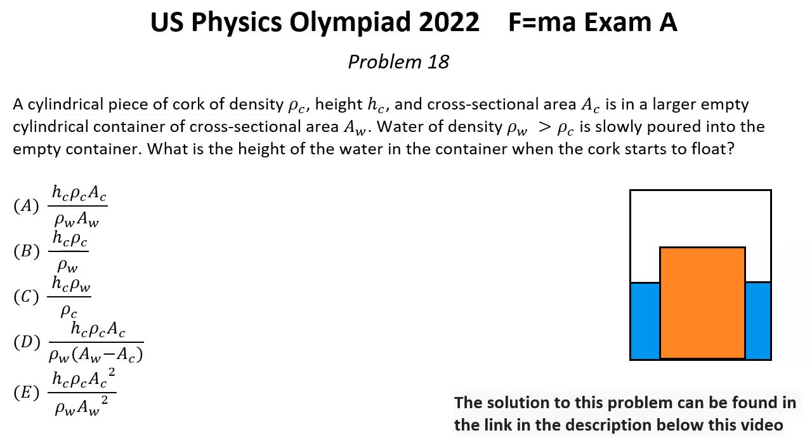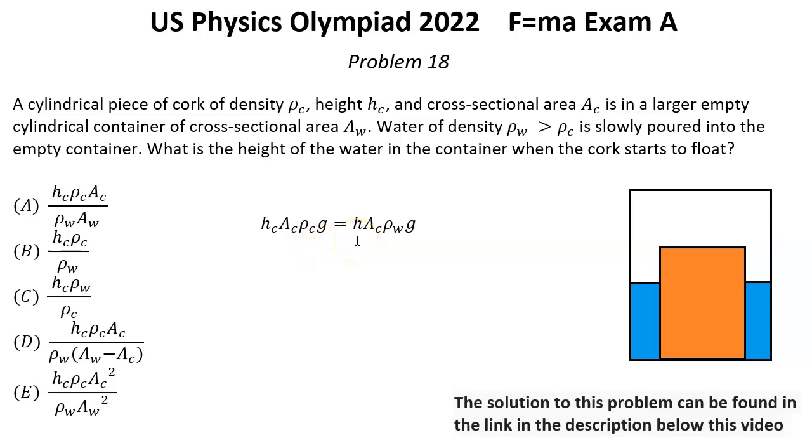If the height of the water in the container is h, then the weight of the displaced water is the expression on the left, which is hc times AC, that's volume, multiplied by rho c, which is mass, and multiplied by g.